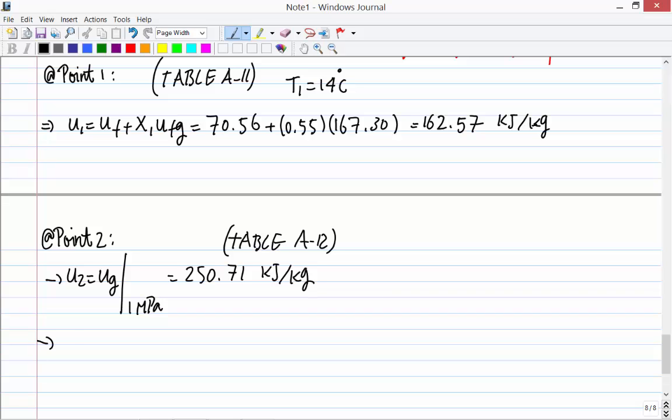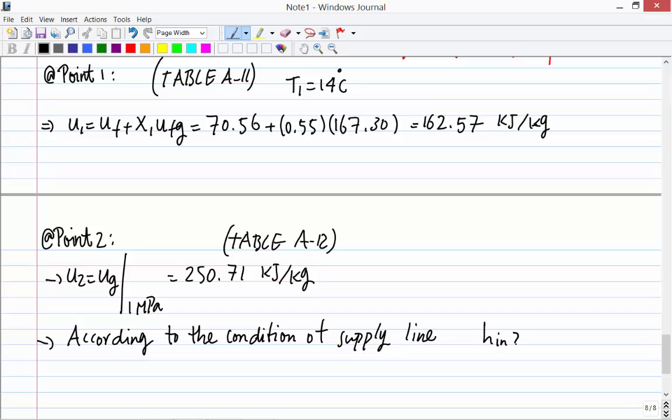So the condition, I'm going to solve for h_in.